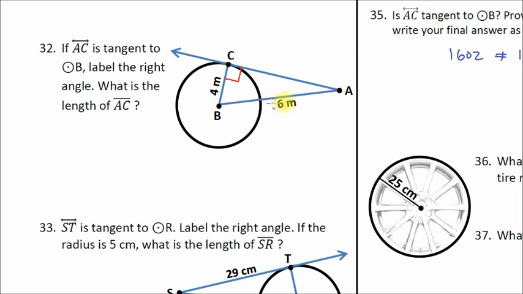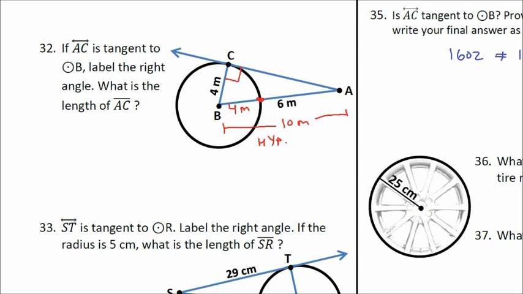We know, class, that 6 meters is not the whole distance from B to A. That just goes to where it touches the circle. That means we have to add 4 meters to the length of this side. So that means this side is actually 10 meters long, and by the way, it's the side opposite the right angle, and that means that must be our hypotenuse.